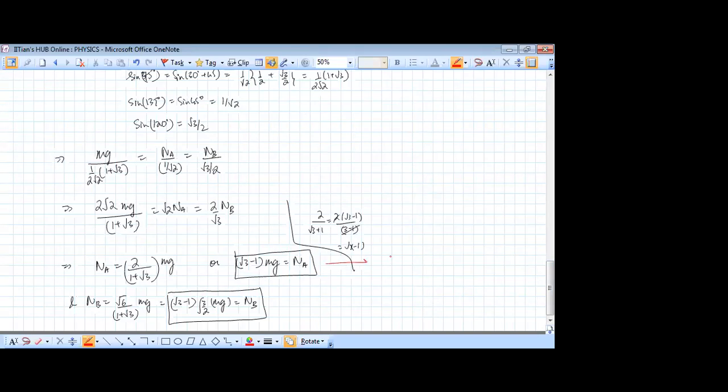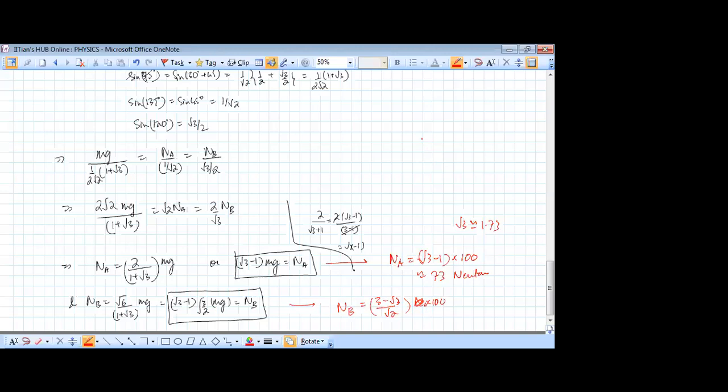So here you substitute mg now, so you can see that NA is becoming root 3 minus 1 into 100 newtons. So that will approximately become, take root 3 as 1.73 approximately, 73 newtons approximately. And from here, NB becomes 3 minus root 3 by root 2 into mg.